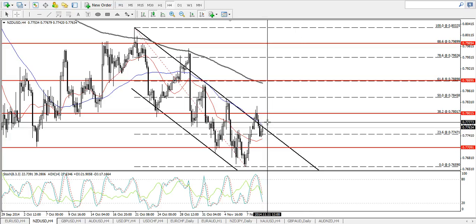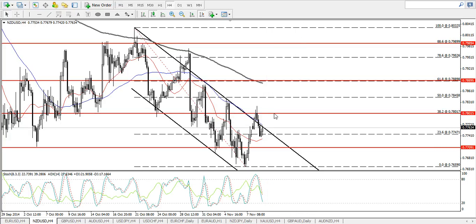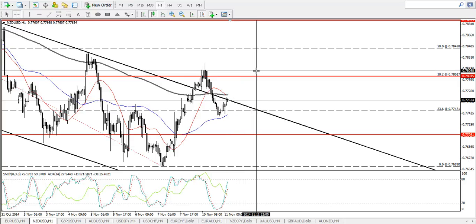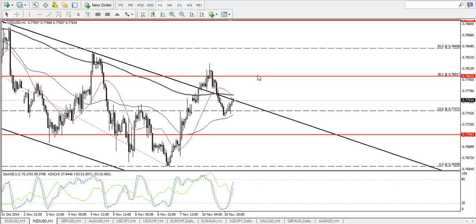So we shall wait for price to touch the retracement level of 38.2% at the price of 0.7801 again, and to see if that might be a probable double top over here. Alright, so we can wait for price to touch 0.7809. Alright, and we shall see if there's a double top to go for a short opportunity from here.